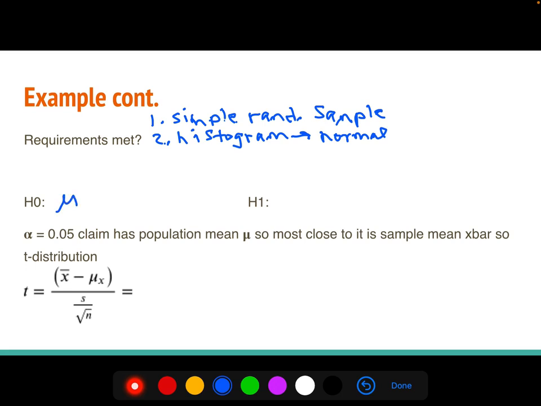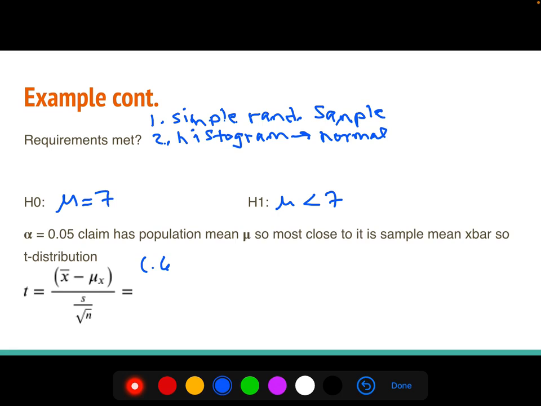Now H naught, that's our mu, and we said 7 hours of sleep, so equals, always goes here. Mu less than 7 is our alternate hypothesis. Since we had 0.05 for that, we're going to go back to this.